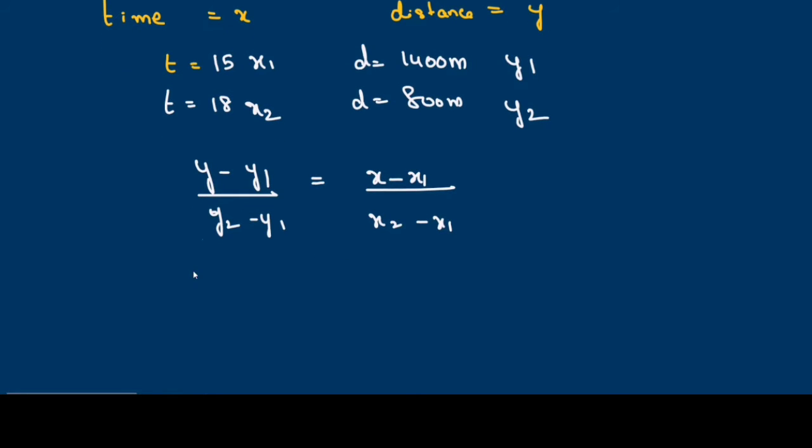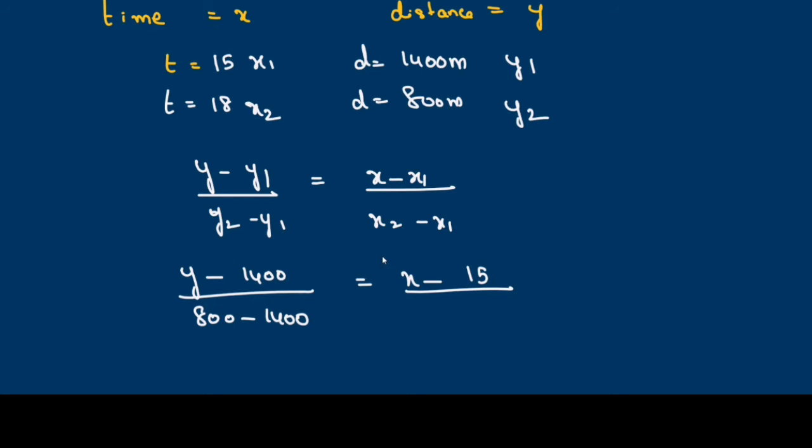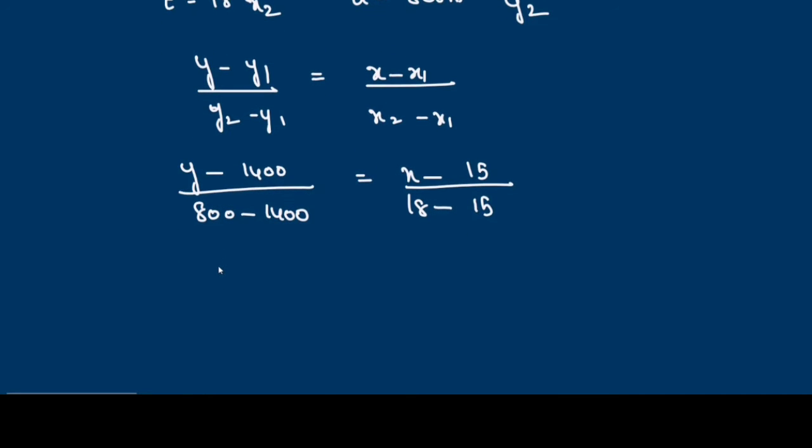Substitute: y minus 1400 divided by 800 minus 1400 is x minus 15 divided by 18 minus 15. So what do you get now? Y minus 1400 divided by minus 600 equals x minus 15 by 3.